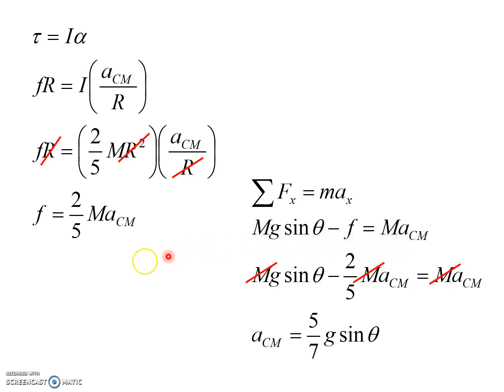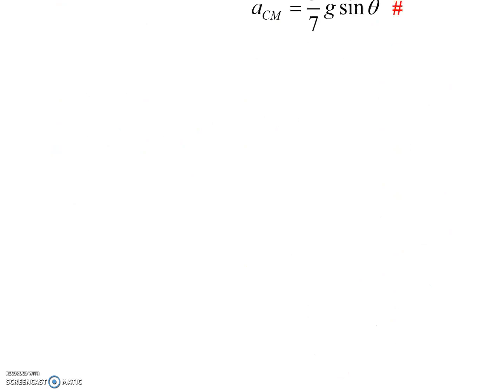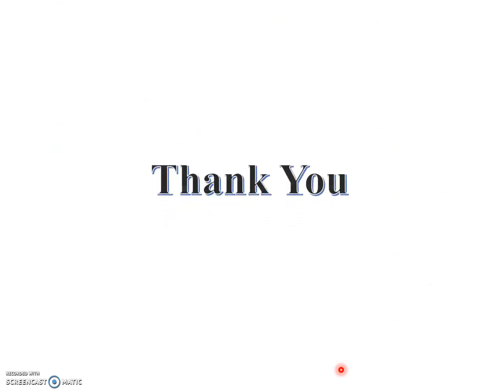You substitute f into this equation and cancel all M. Finally, we have the expression for the acceleration of the center of mass, 5/7 g sine theta, which is the same as our previous example. So that is all about rolling motion. Thank you.